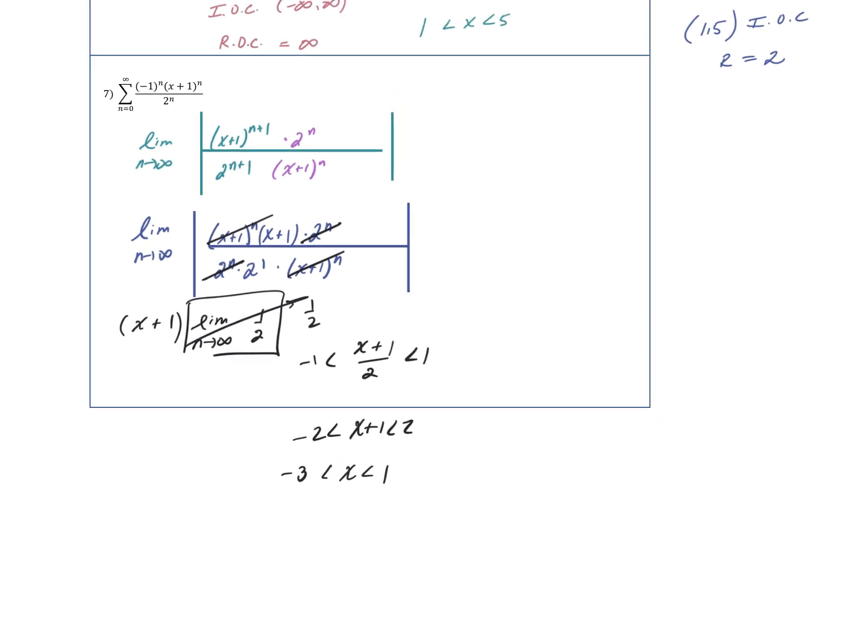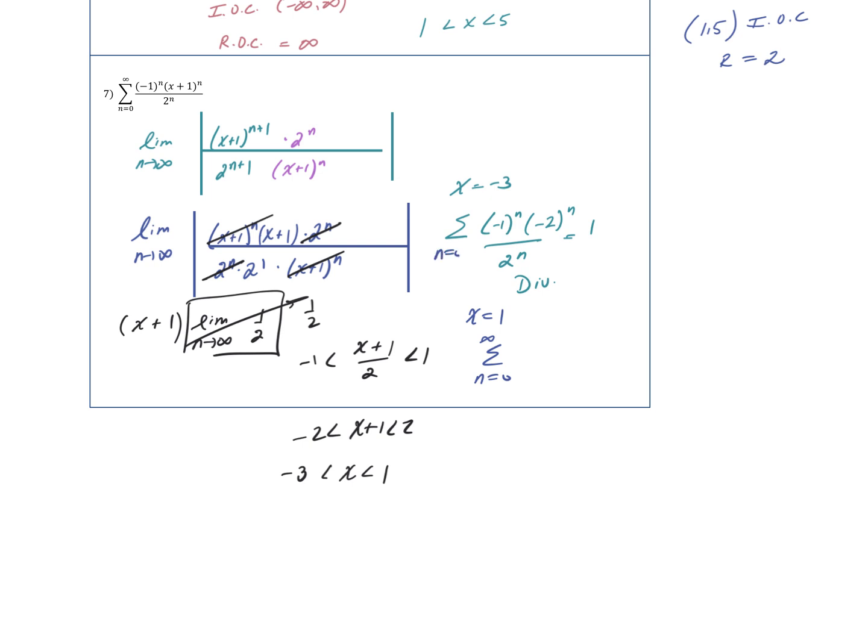If we plug in x equals negative 3, you're going to get negative 1 to the nth. We get negative 2 to the nth over 2 to the nth. So again, that equals 1, which is just going to diverge. And then if I let x equal 1, we've got n equals 0 to infinity.